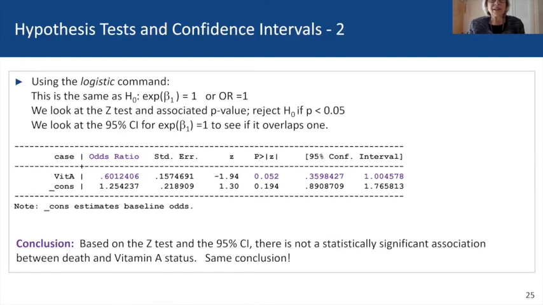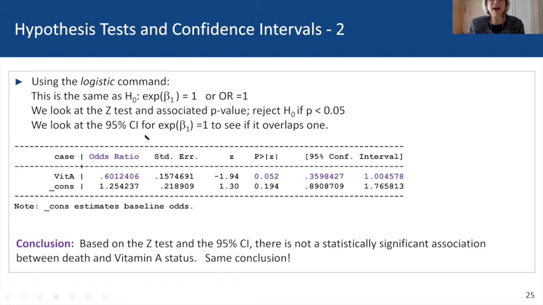So let's look at our hypothesis test and confidence intervals using the Logistic command. Remember that this is the same as the null hypothesis that the exponentiated beta 1 equals 1. In other words, that the odds ratio equals 1. So we look at the z-test and the associated p-value.